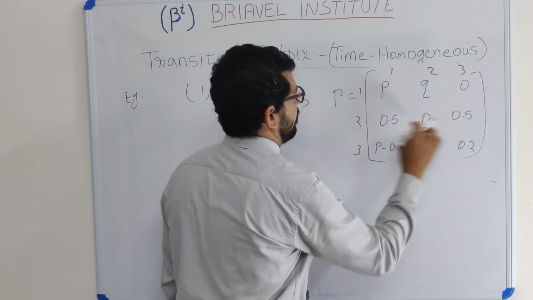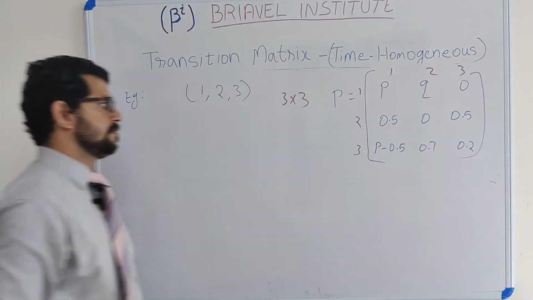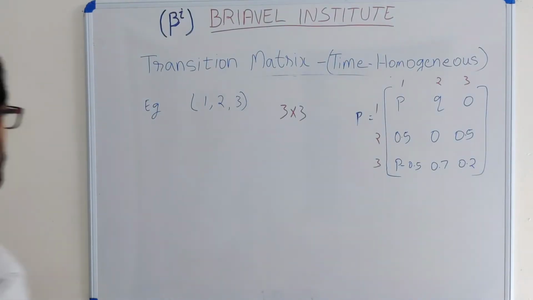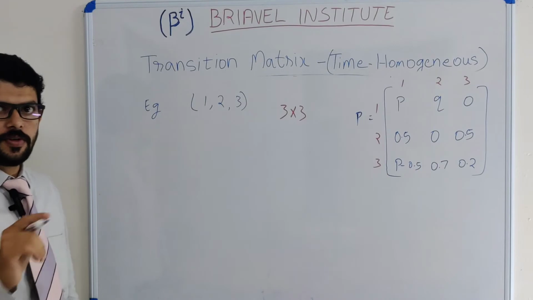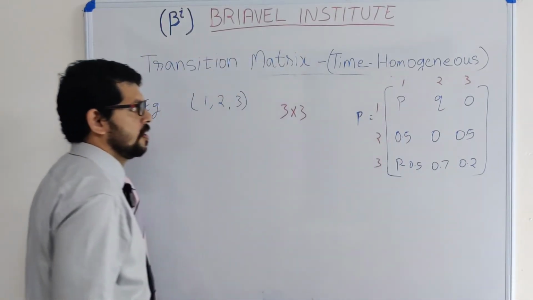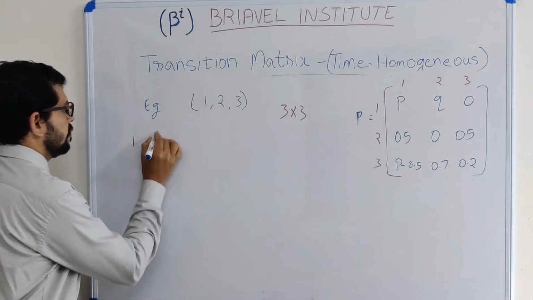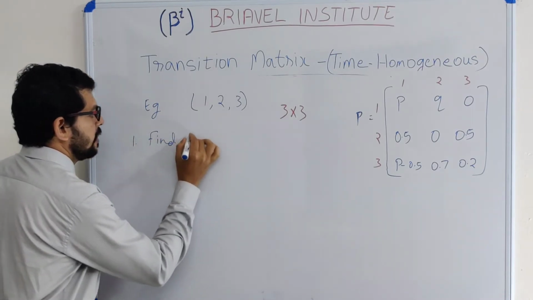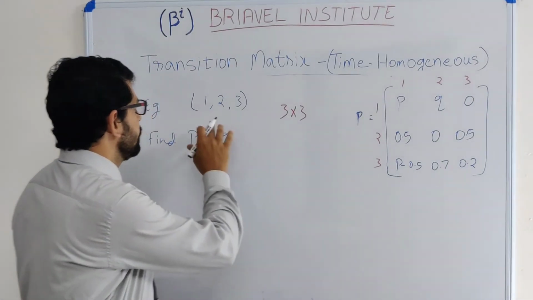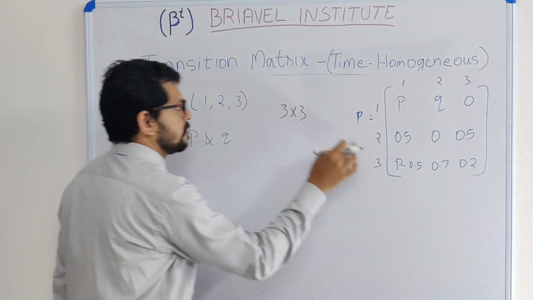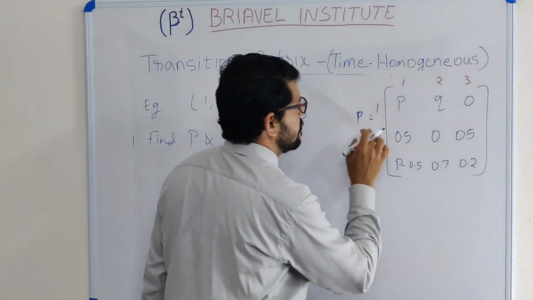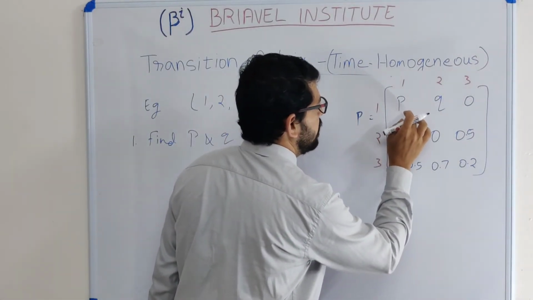That means 3 rows and 3 columns are available. The first question is to find P and Q.